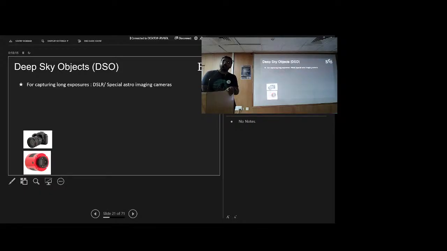We can still do it with the bulb mode that we have in the DSLR, but what happens is it ends up getting heated and generates more noise during this time. So this astrophotography camera, the special device I'm showing here, works on the same principle as the DSLRs. In fact, they have the same imagers that are part of the DSLRs.